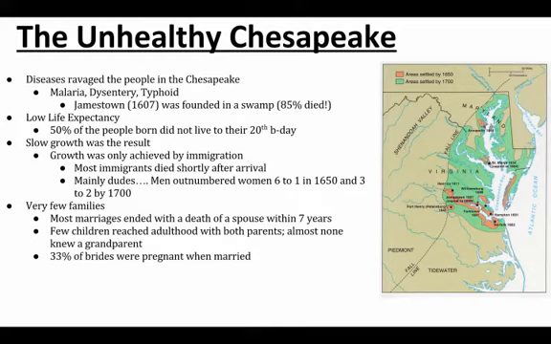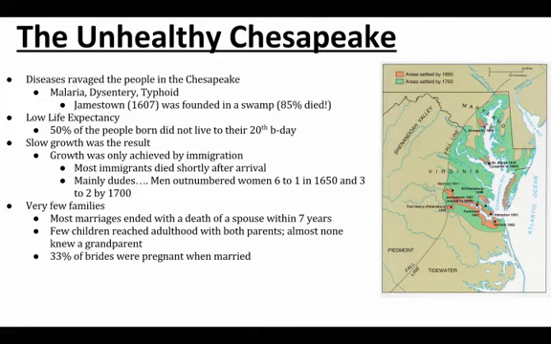They're not going to have the very tight-knit community that we find in New England. We're going to see a little more behavior that is immoral by the Christian standard. For instance, roughly one third of brides were pregnant when they were married, so premarital intercourse was, for the most part, pretty common, even though you would expect that in a tight-knit society it would be much, much lower.